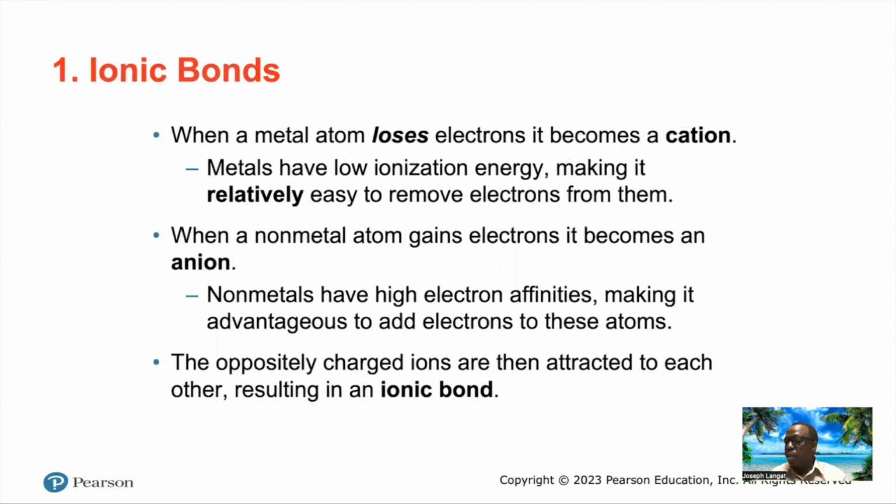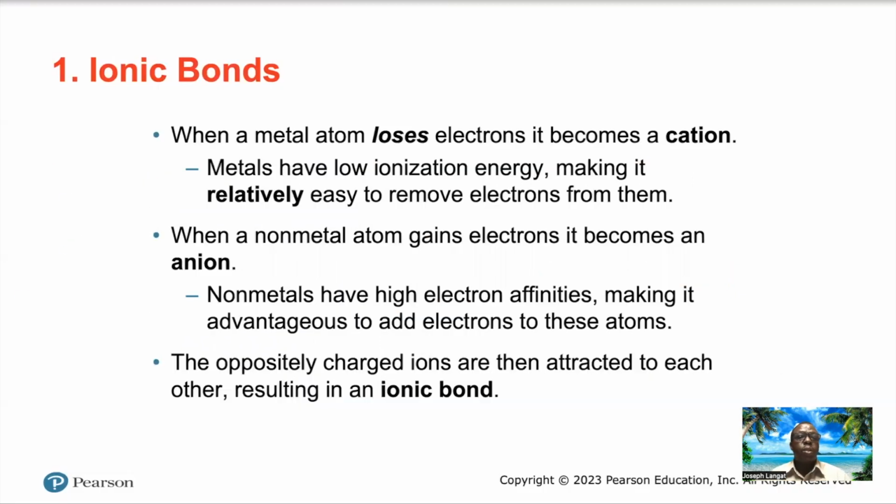So let's start off with the ionic bond. An ionic bond is formed when an electron or electrons are transferred from a metal to a non-metal. Generally, a metal loses electrons and becomes a cation, positively charged.